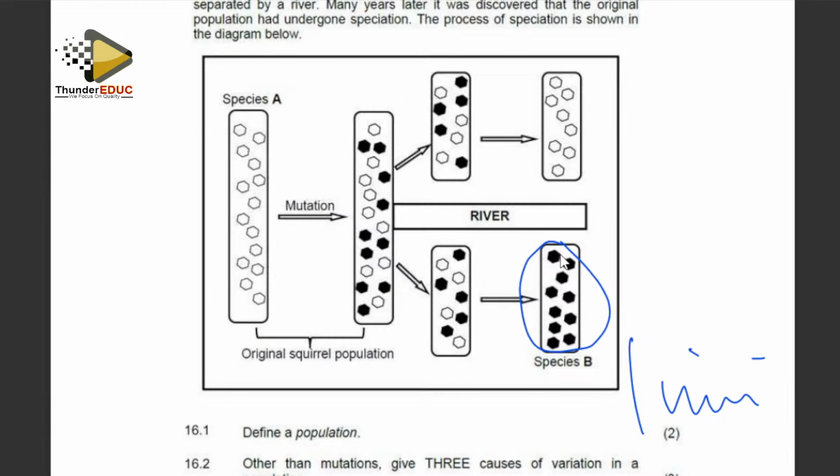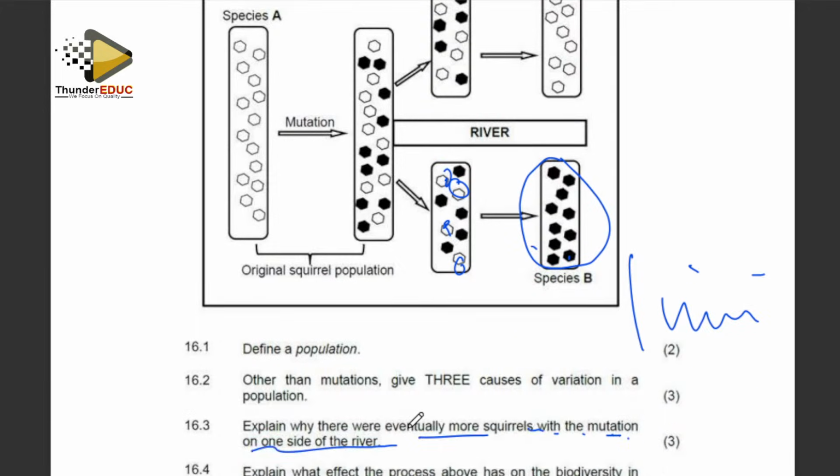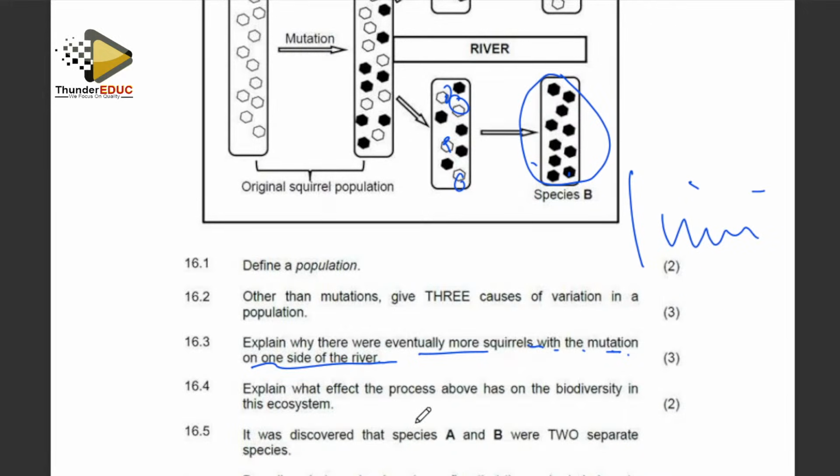These ones are able to survive. So the mutation made them get adapted to the environment easily, and they outcompete the ones without a mutation. You understand? Therefore they survived in large numbers, and they passed that gene for the mutation to the next generation, and then the next generation had the mutation.